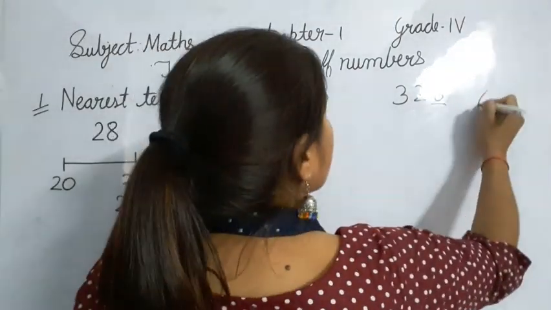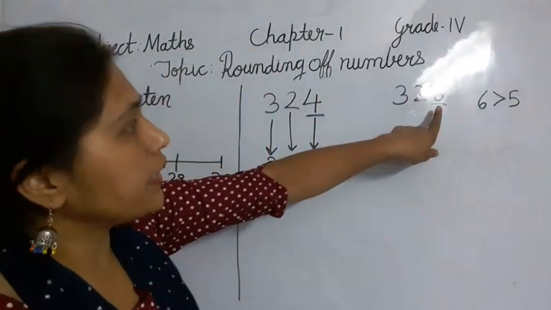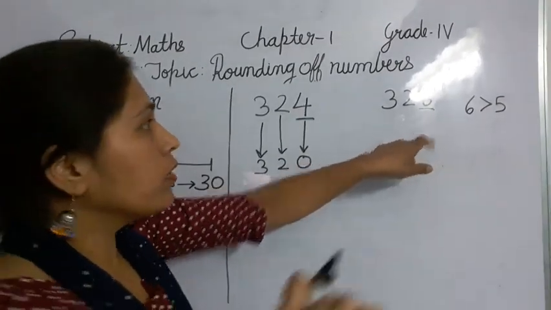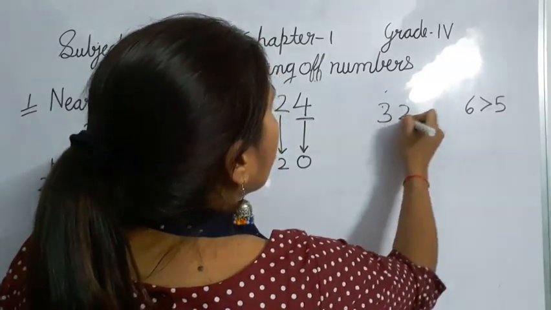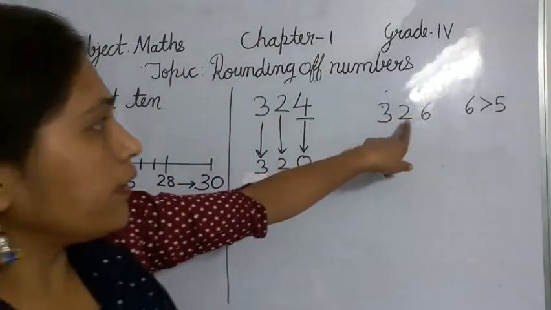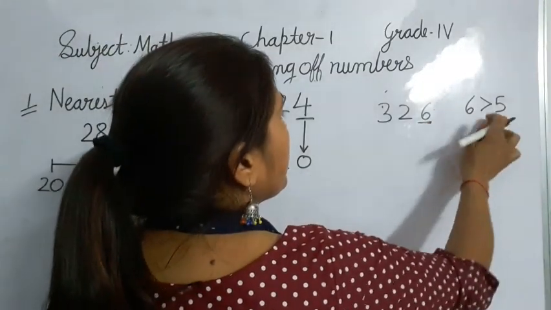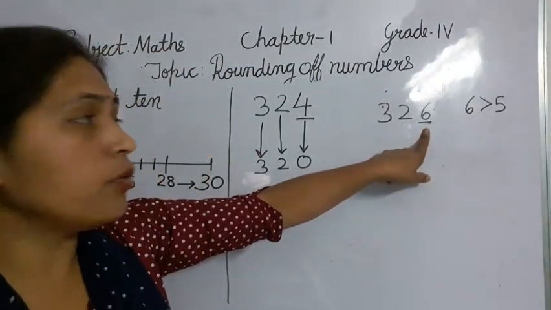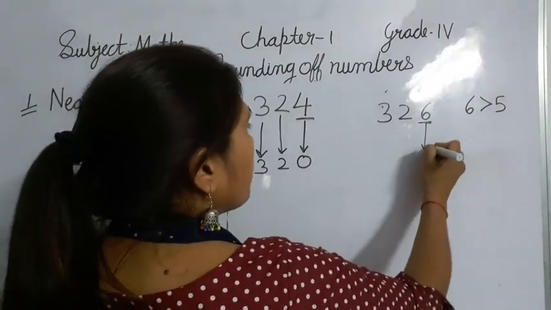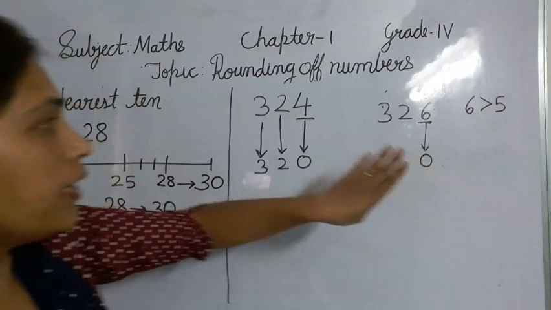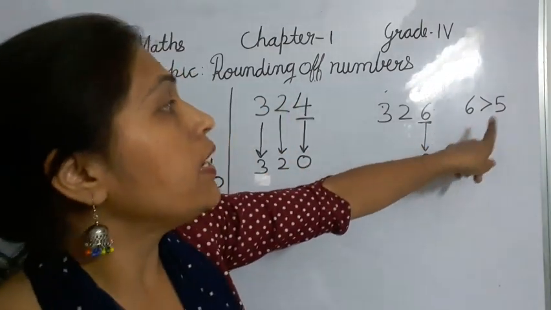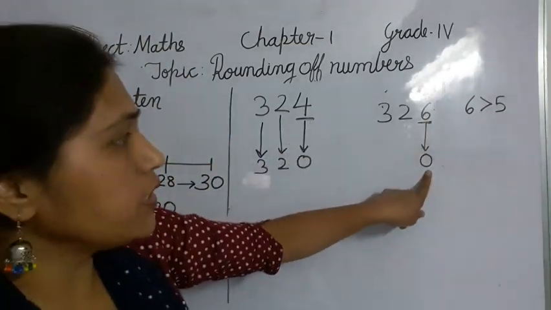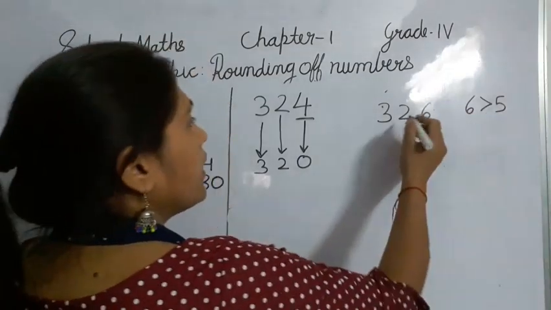Comparing it, 6 is greater than 5. This situation applies for both greater than 5 and equal to 5. What do we do? We replace the ones digit with 0. In any condition, whether it is greater than 5, equal to 5 or less than 5, we change the ones place to 0. But if it is greater than or equal to 5, what do we need to do?